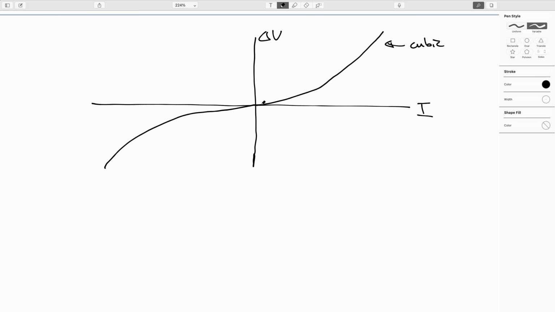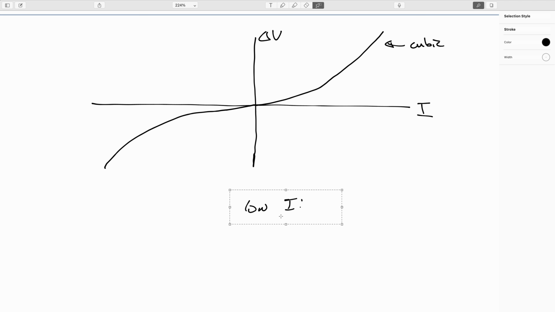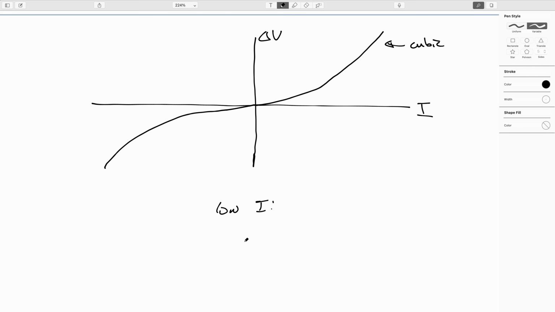And what's going on here is that if we have a low current, when an electron hits a partially shielded atom, it basically won't move around very much. It'll wiggle just a little bit.